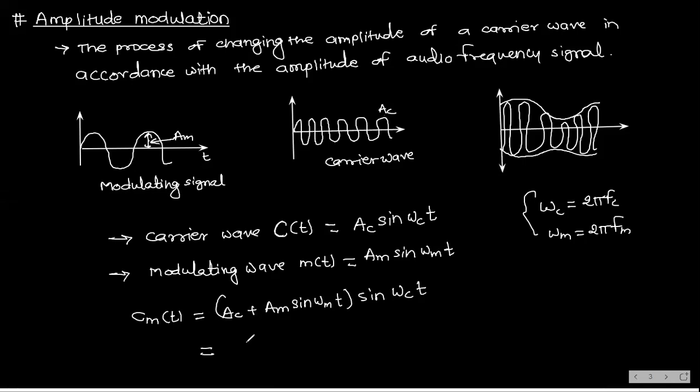AC sine omega c t, just multiplication, plus AM sine omega m t into sine omega c t. Okay, clear, understood?